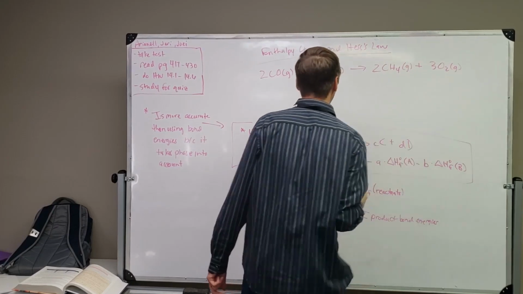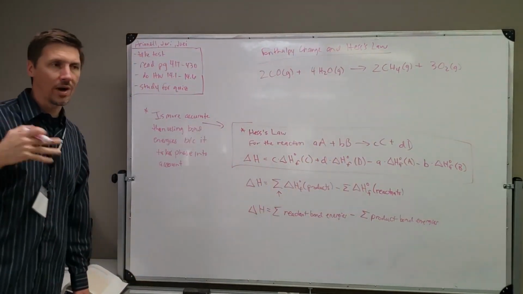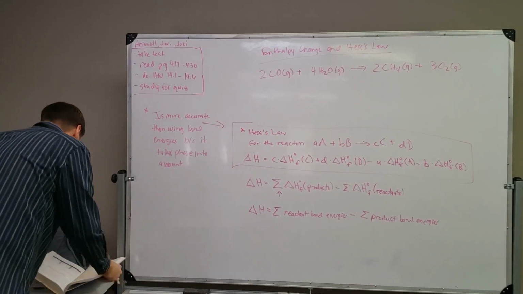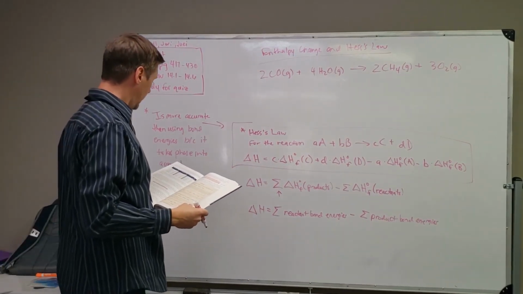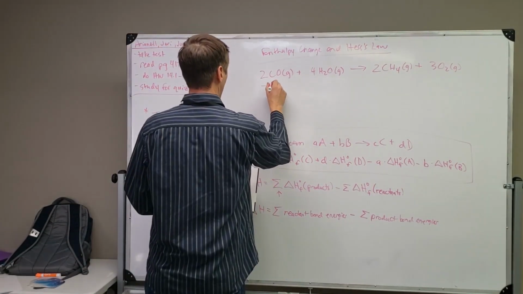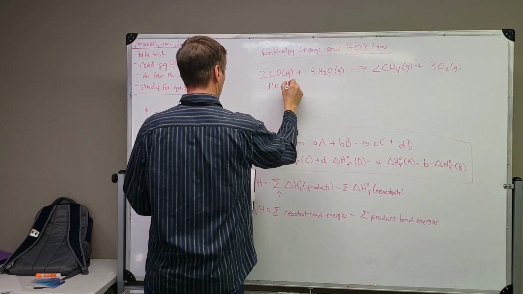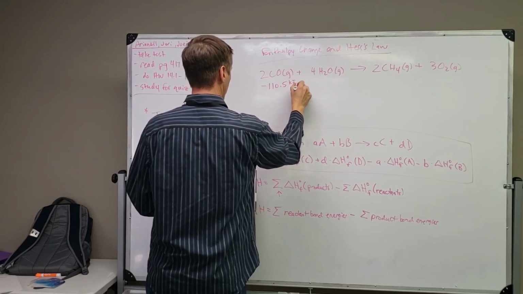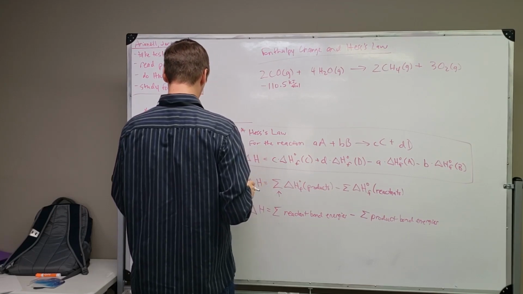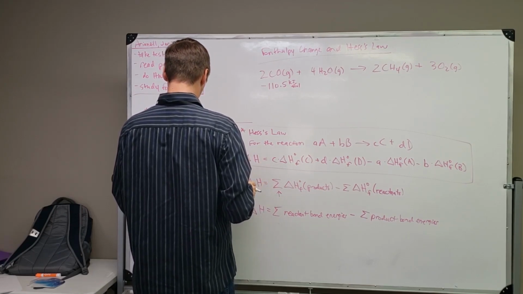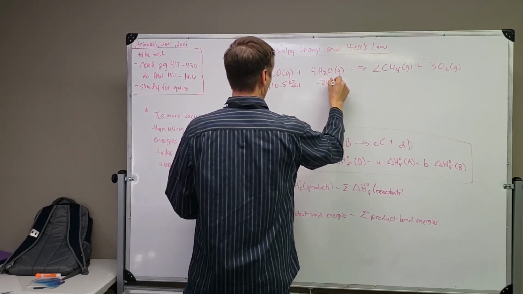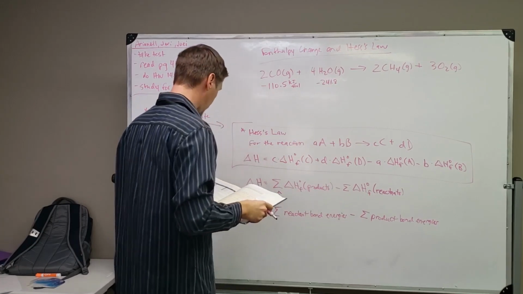All right, so before I write down my equation this time, we're going to go ahead and write down the standard enthalpies of formation below each one. So CO in gas form, negative 110.5, kilojoules per mole. I'm not going to write down the unit each time. H2O in gas form is minus 241.8, down at the bottom, the second row near the bottom.